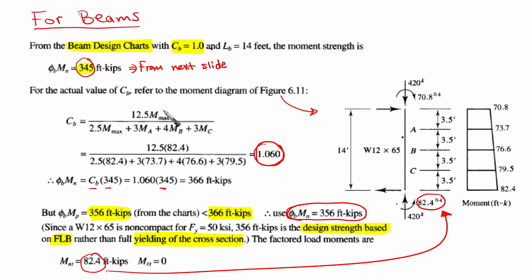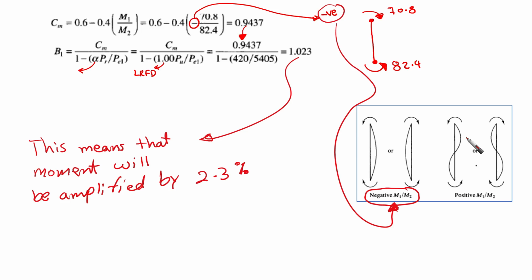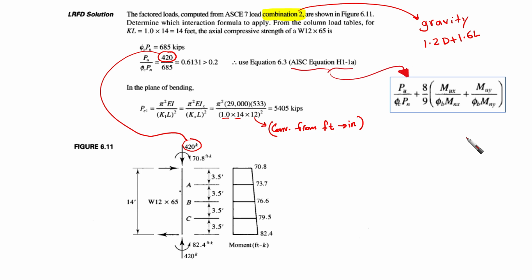However, we need to calculate Cb for our case based on the bending moments that we have along the beam itself. Okay, so let's go again, not to lose what we are doing.